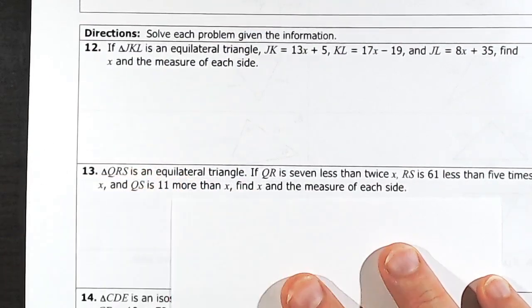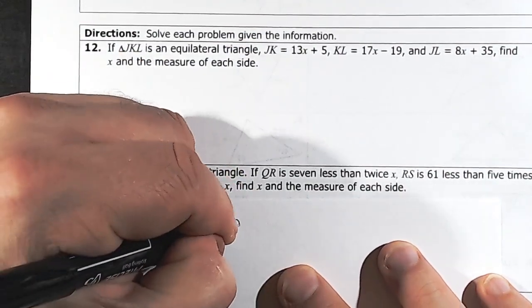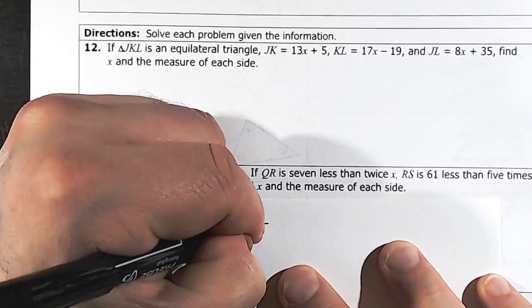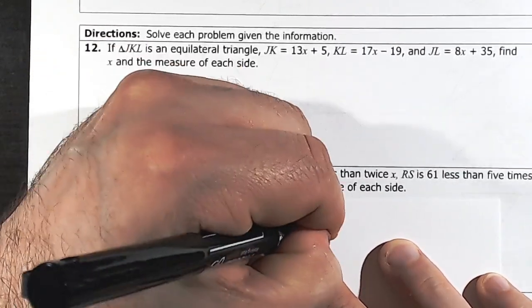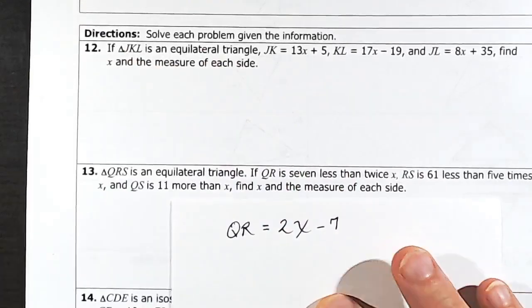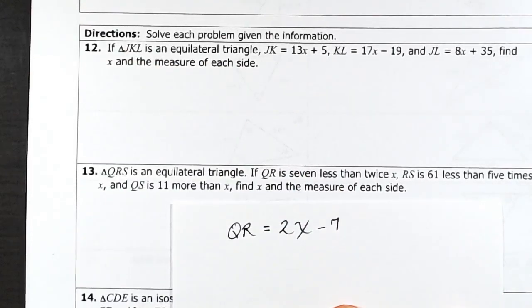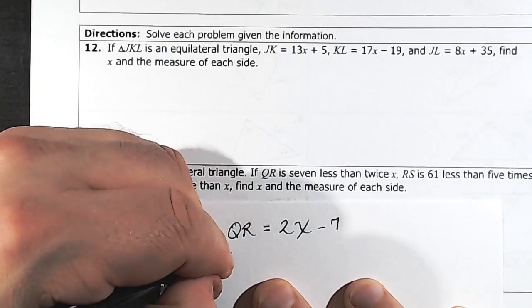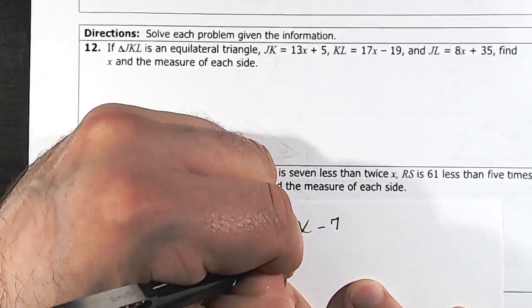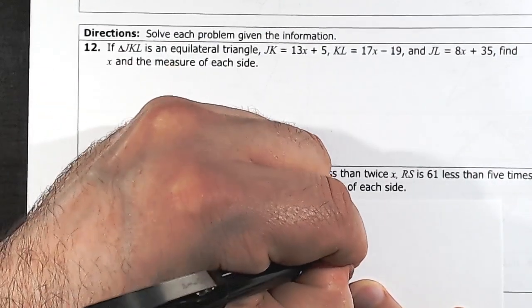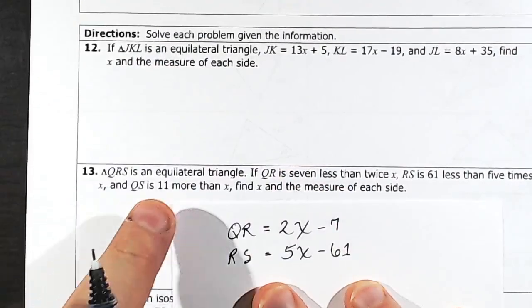QR is 7 less than twice x. So that would lead me to believe that QR is equal to 2x minus 7. Okay. RS is 61 less than 5x. So RS is 5x minus 61, like that. Okay? And then 11 more than x.